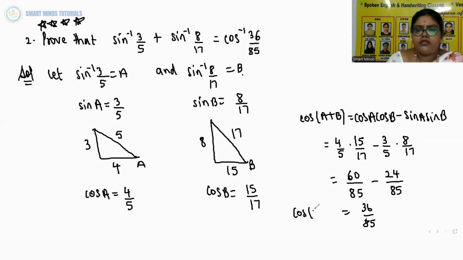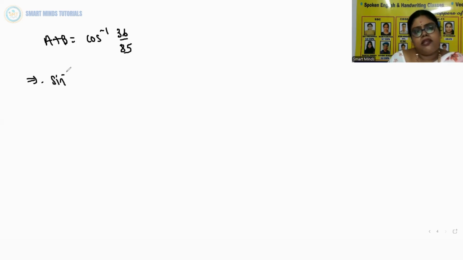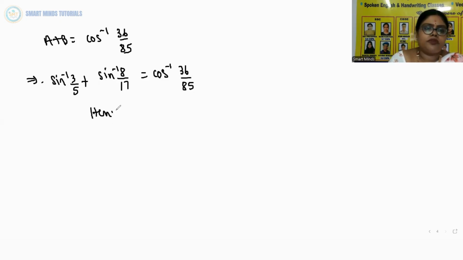So you got cos A plus B value as 36 by 85. If I take cos to that side, we get A plus B equals cos inverse of 36 by 85. Now what is A? Initially we have taken A as sine inverse 3 by 5 and B as sine inverse 8 by 17. So the right hand side is cos inverse 36 by 85, hence proved.